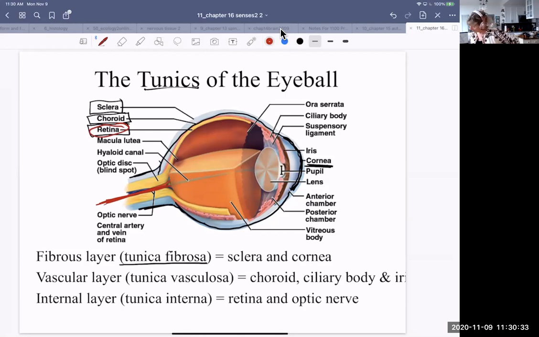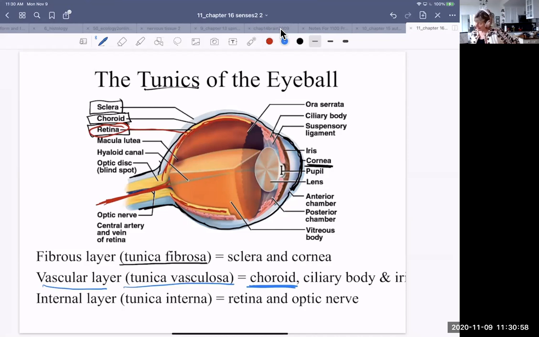So the retina, which is the inner layer here, is all neural tissue, and it's continuous with the optic nerve. The vascular layer, the tunica vasculosa, is the choroid.